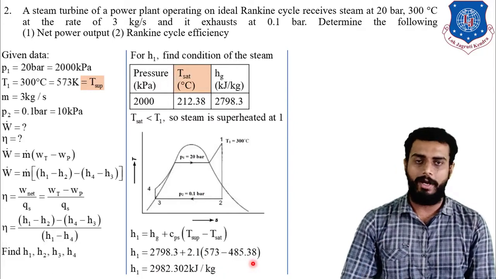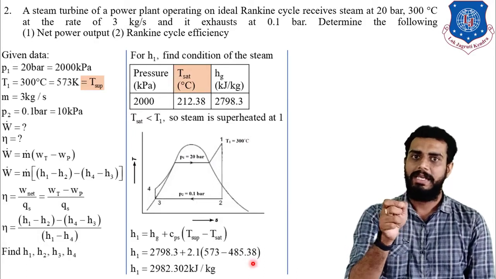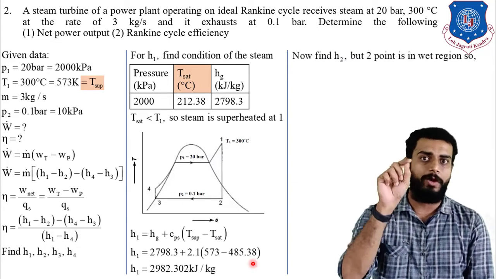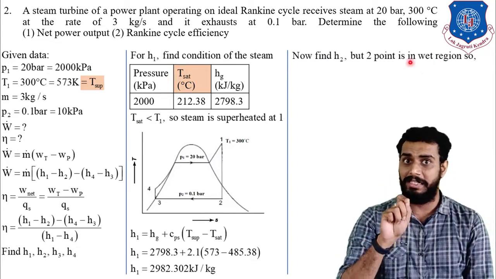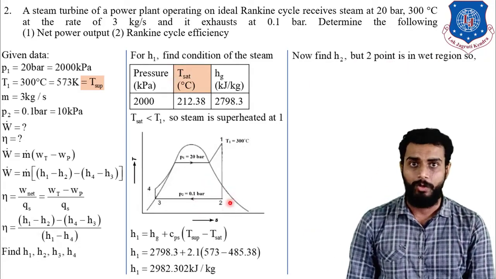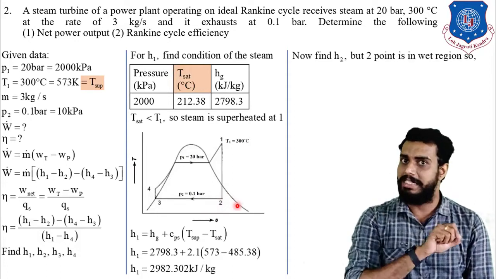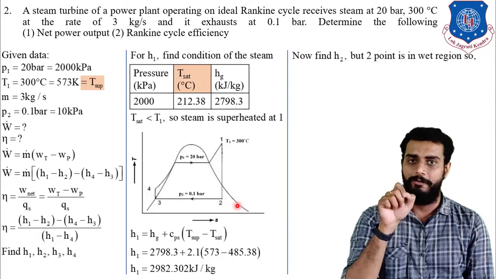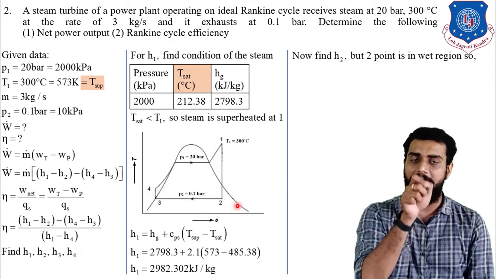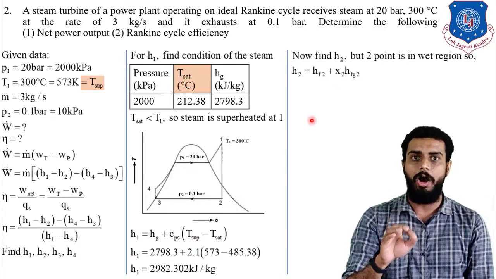Okay, now we will move forward to H2. Point 2 is in the wet region. If you have seen the video of example 1, now you know what you are supposed to do for finding out H2. Obviously, point 2 is in the wet region, so enthalpy of wet steam is equal to what? H2 is equal to Hf2 plus X2 Hfg2, right? That is the equation for enthalpy of wet steam.